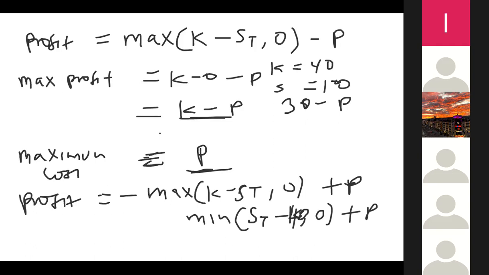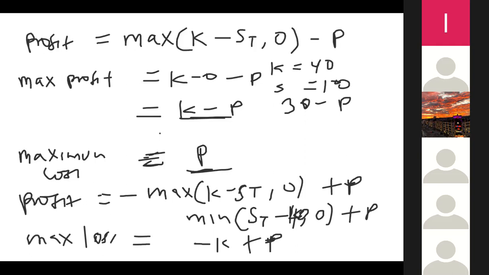So the maximum loss is minus K plus P. I said it's the reverse: it was K minus P, and now this one is minus K plus P. That's the reverse of it.